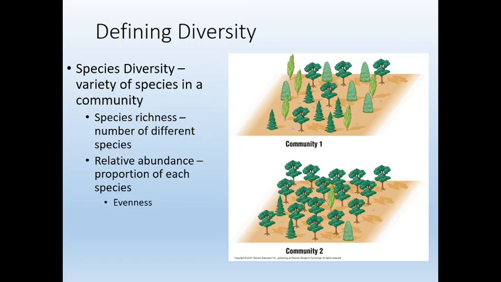You can have things like genetic diversity within a population of a single species, but in community ecology we're talking about species diversity, so how many different species you have in a community. One thing I should define is the word assemblage, which I will oftentimes use. It just refers to what organisms we have in a specific community at a specific point in time.